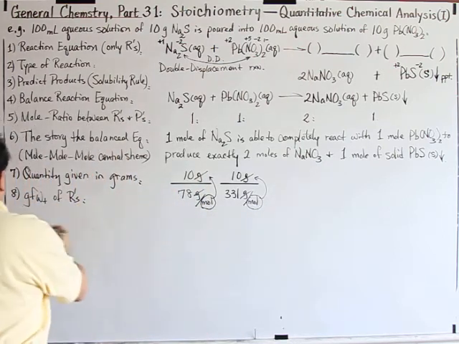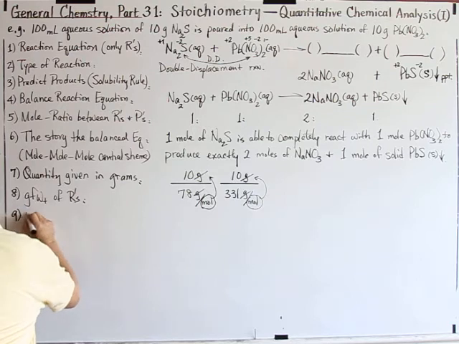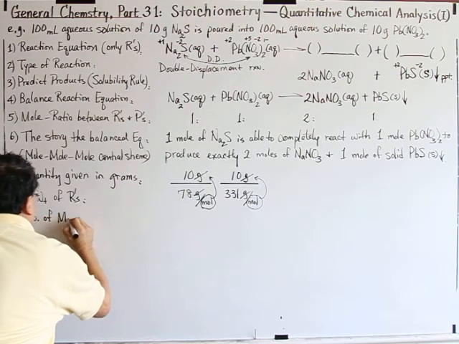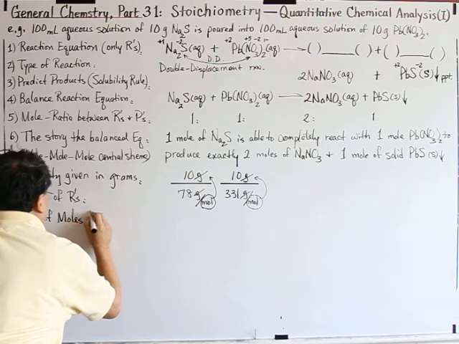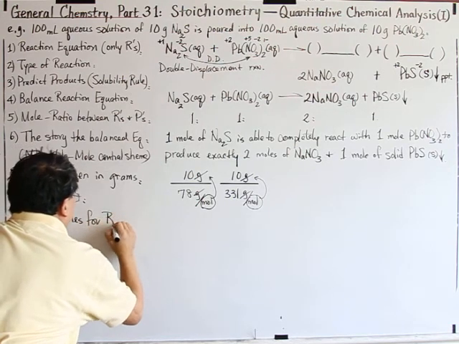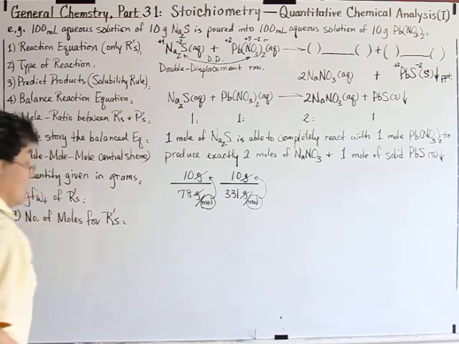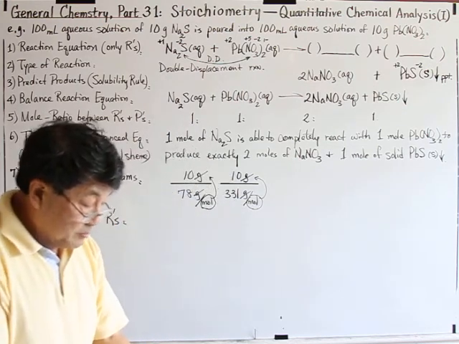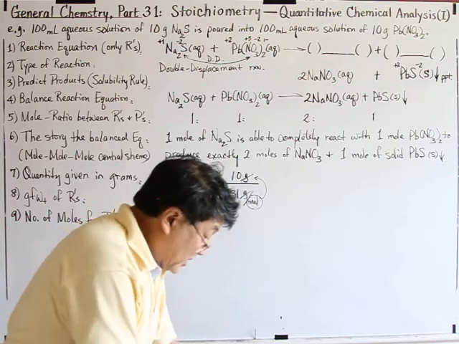In the next step, we find the number of moles for the reactants. We need a calculator. Time's almost up, but that's okay, and we continue in the next section.